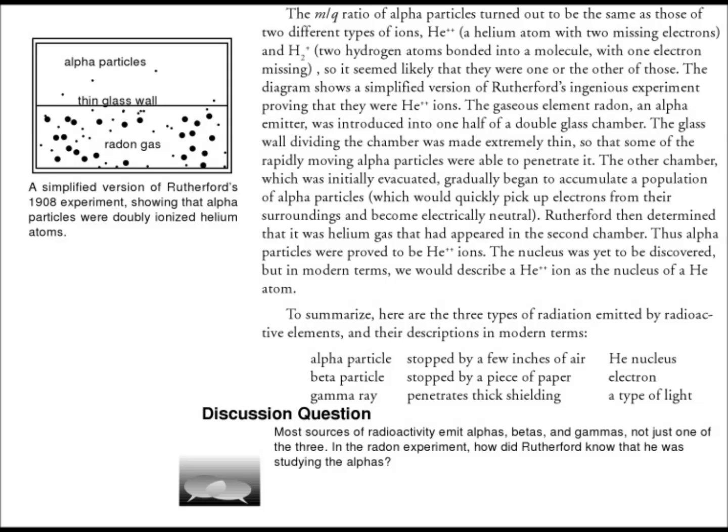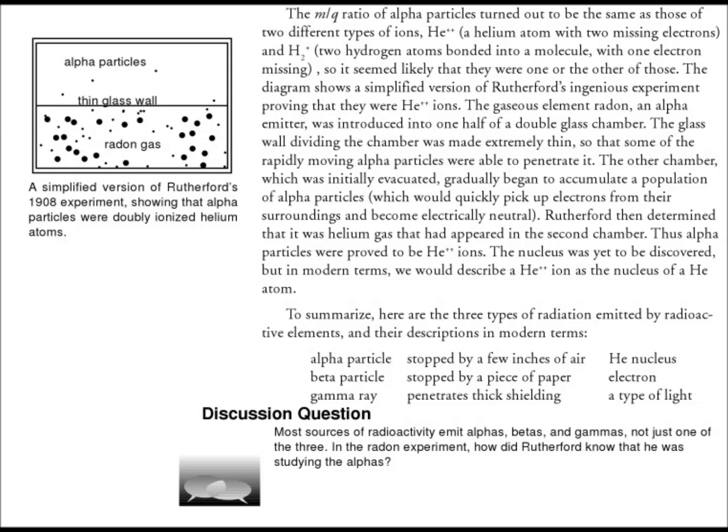The diagram shows a simplified version of Rutherford's ingenious experiment, proving that they were helium ions. The gaseous element radon, an alpha emitter, was introduced into one half of the double glass chamber. The glass wall dividing the chamber was made extremely thin, so that some of the rapidly moving alpha particles were able to penetrate it.